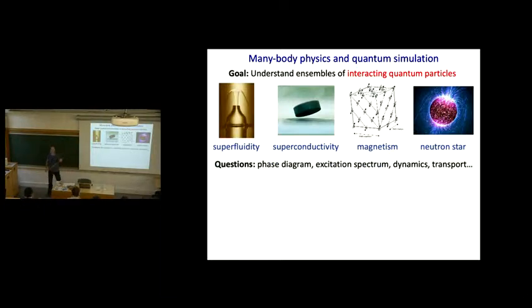What are the kind of questions that people ask in this framework? Usually you ask, what is the phase diagram? So what are the equilibrium properties of this system? That's one example of questions. Now, especially in solid-state physics, people ask, how do you excite the system? What is the excitation spectrum, which is to say, how are the eigenenergies spread over the energy spectrum?